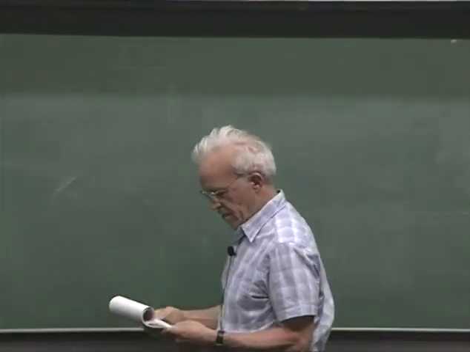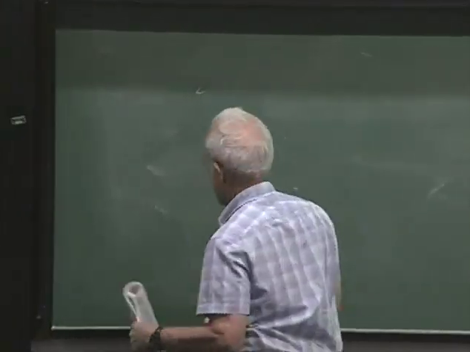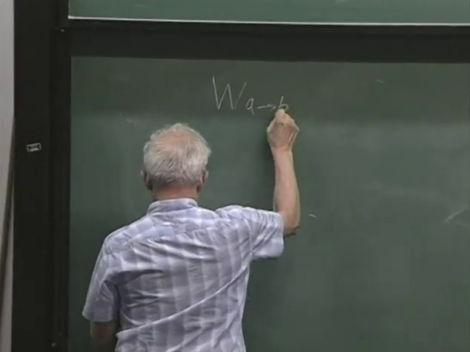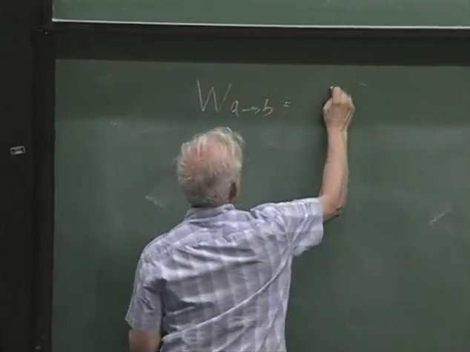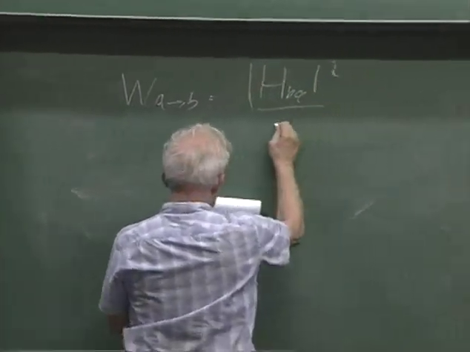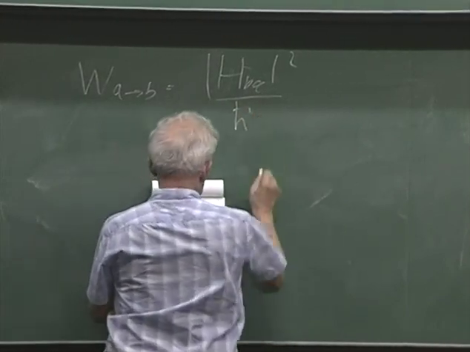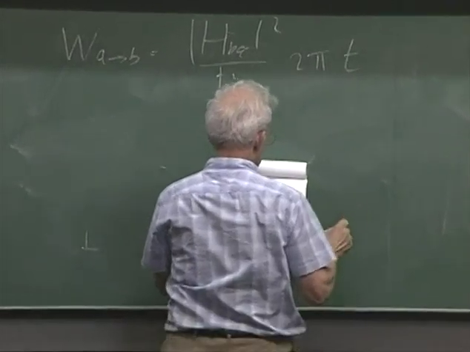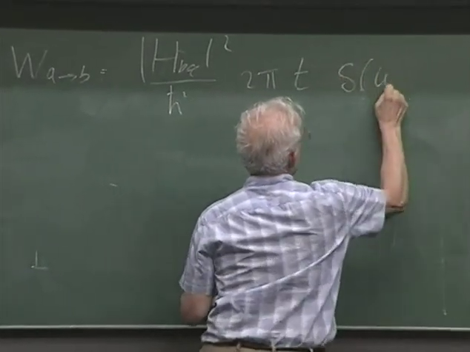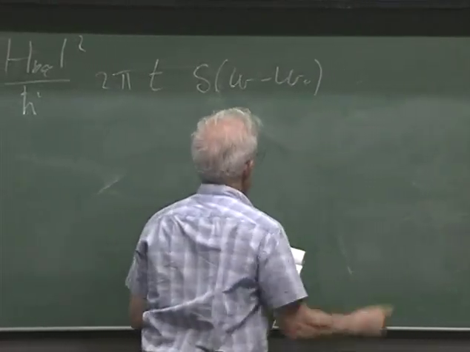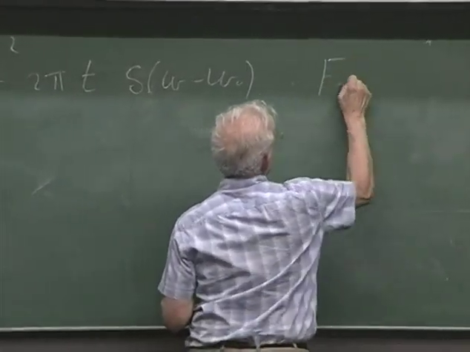For a long time, the transition probability A goes to B is |H_BA|² over ħ² times 2πt times the delta function of ω − ω₀. And this is one form of Fermi's golden rule.